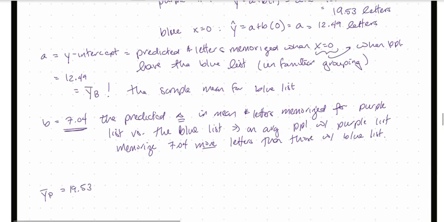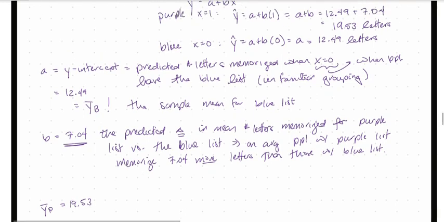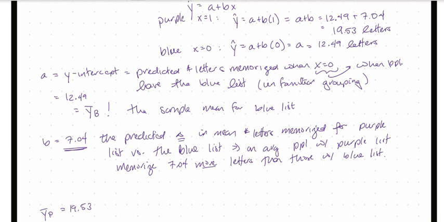Have we seen that number again today? We did. That's this y hat for the purple list. We said when x equals 1, y hat equals 19.53. So the predicted mean response when x equals 1 for the purple list is 19.53 letters.